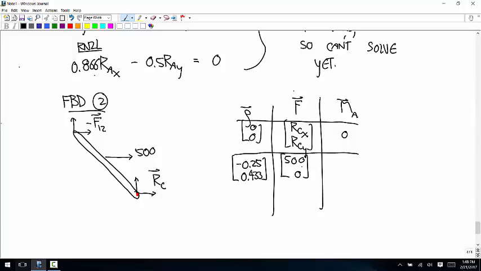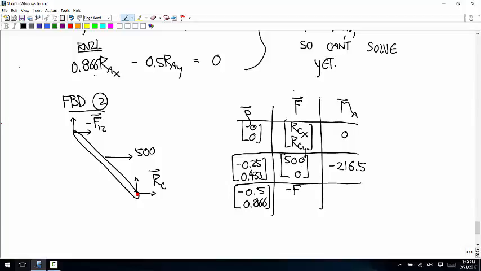And so the cross product is negative 216.5. And then up at joint D, row vector is negative 0.5, positive 0.866.